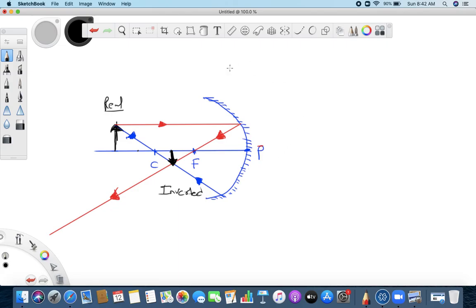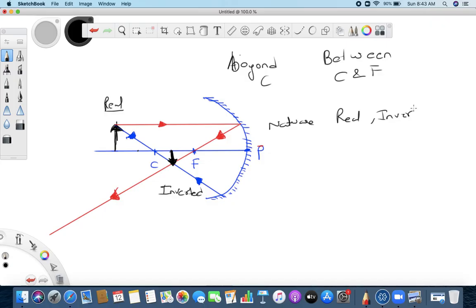So let me write down the case. When you put your object beyond C, where do you get your image? Between C and F. And what is the nature? Nature is real, inverted.